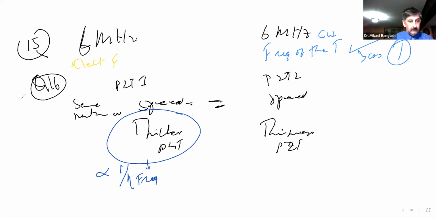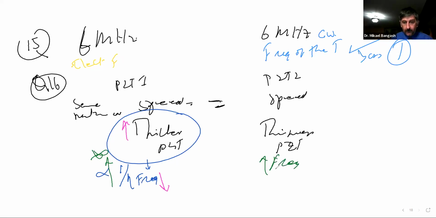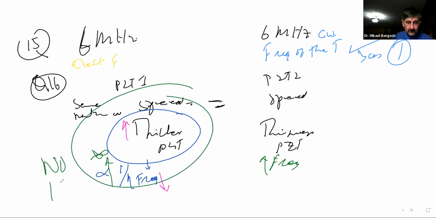Which mainly means that the thicker the PZT, the lower the frequency. So this thicker PZT cannot have the greater frequency of the two. It's rather going to be this one that will have a greater frequency. So since it makes no sense for this, that becomes false.